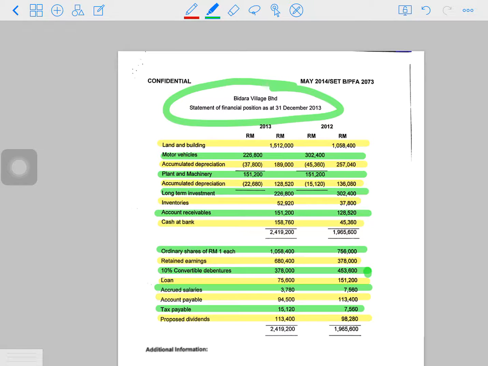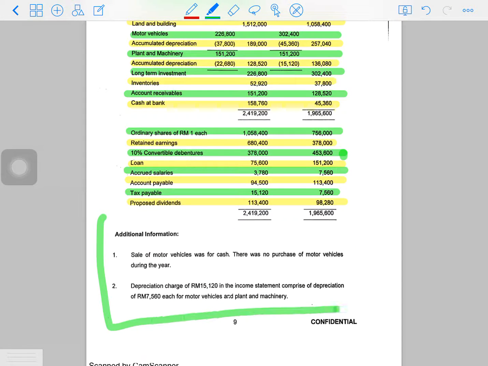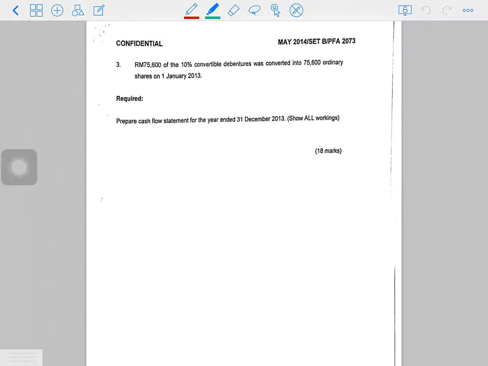Normally the question will give you some additional information after the statement of comprehensive income and statement of financial position. You will have additional information given to you. This additional information can run from 1 to 5 additional information.